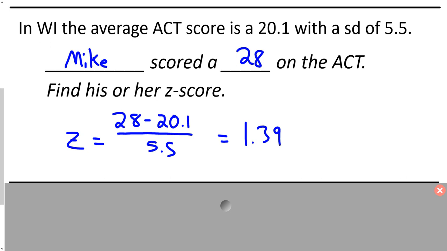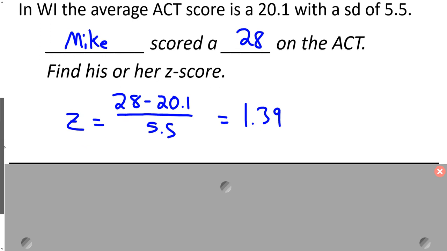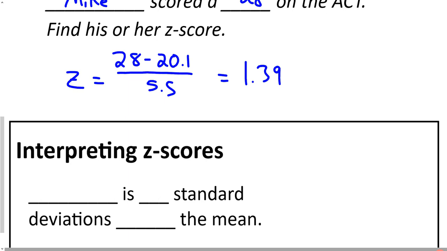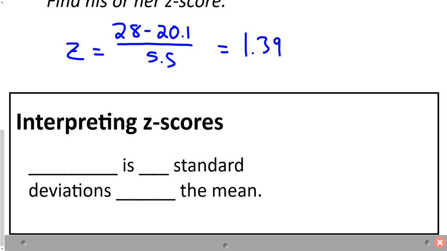which means his score is 1.39 standard deviations above the mean. So I'm going to show you that right here. Let's take that information and see how we interpret it. So if we have that number, this is how I would interpret it. Blank score, whatever it is, z, and I want to make a note here. We use the absolute value when we say it, because sometimes you'll get a negative.